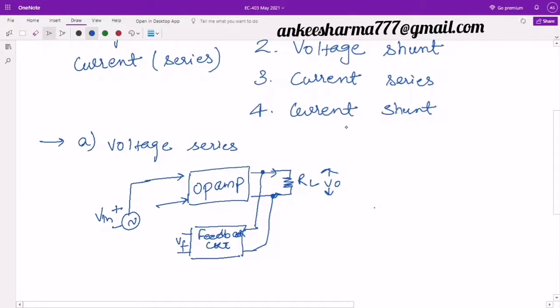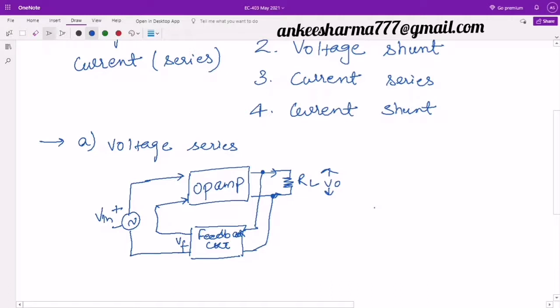Now as it is series, it should be sent in series combination with this input voltage. When I say series combination, definitely this VF and the VIN must be connected in series. So this is how I will connect my voltage series configuration, where the output is taken in parallel and it is sent back in series. Is it clear to you?